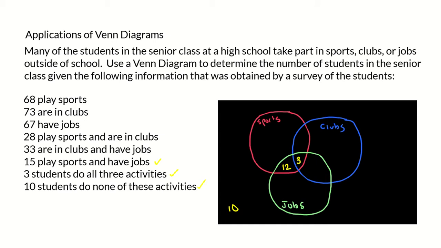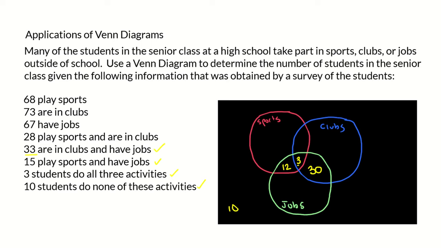Now there are 33 students in clubs that have jobs, and we already have 3 students accounted for. So 33 minus 3 is 30 students that are in clubs and have jobs, but are not in sports.